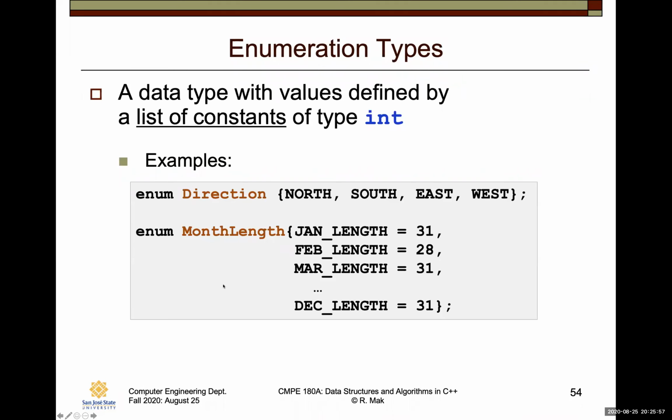Okay. Now here is another enumeration type called month length. Okay, and there's January length, February length, and so these are the enumeration values, and I'm giving each one of them an integer value. Okay, here, because I have not given them explicit values, by default they will have the values 0, 1, 2, and 3.